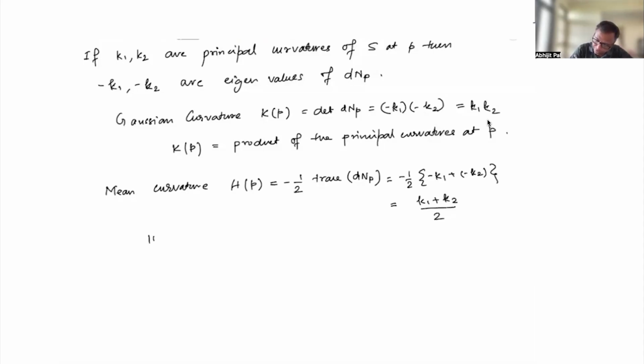So therefore, this H_P is half of the sum of the principal curvatures at P. Okay.